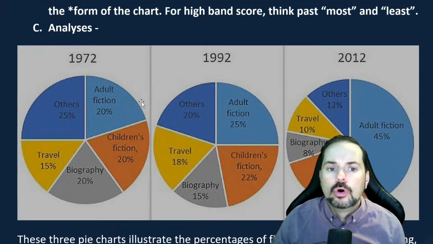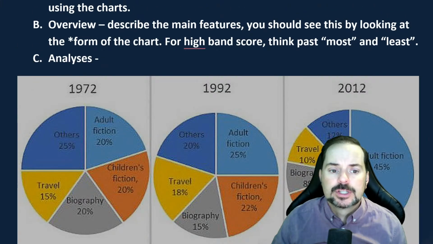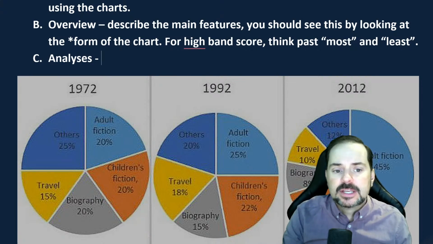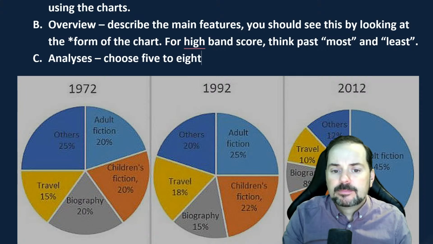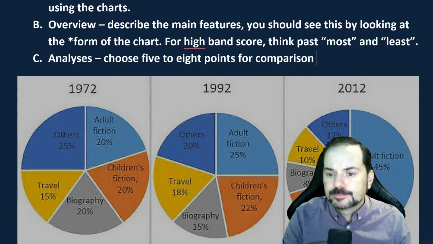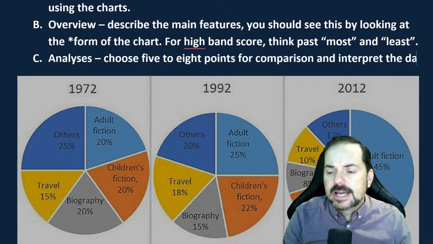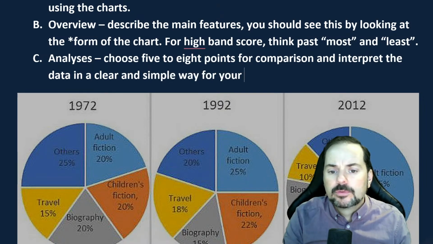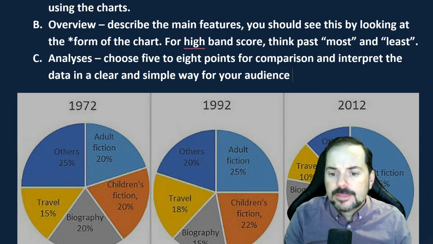So your goal for high band scores, okay, is interpretation. So in the analyses, choose 5 to 8 points for comparison and interpret the data in a clear and simple way for your audience. This is how you get high band scores.